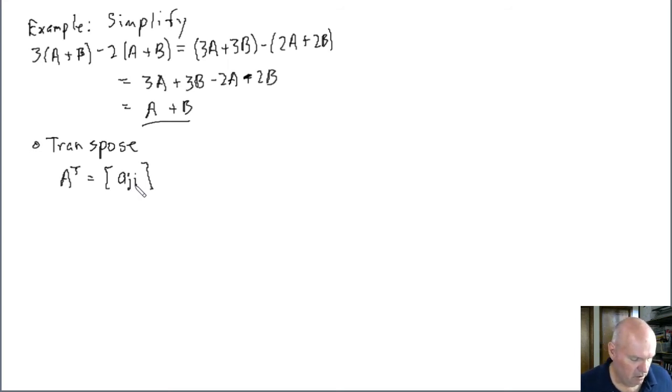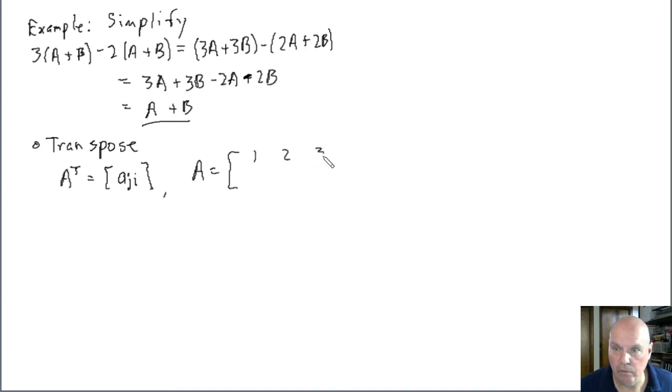So A transpose is the matrix whose rows are the columns of A. If A is m by n, then A transpose is n by m. So the dimensions are swapped. So again, just a simple example here.